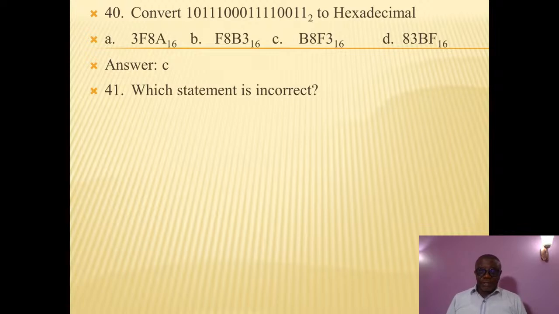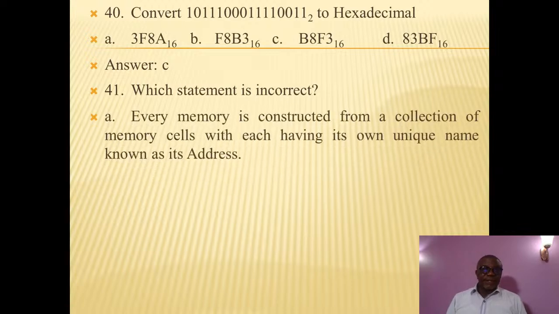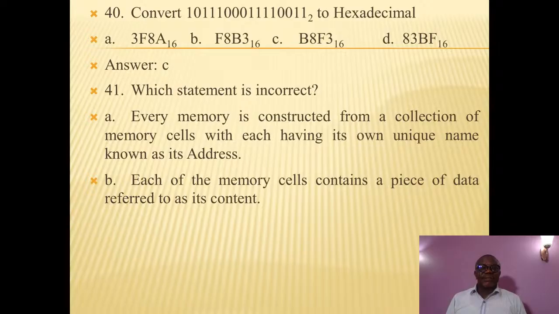Which statement is incorrect? Every memory is constructed from a collection of memory cells, with each having its own unique name known as its address. That should be correct, because every memory is a group of cells having its own address.